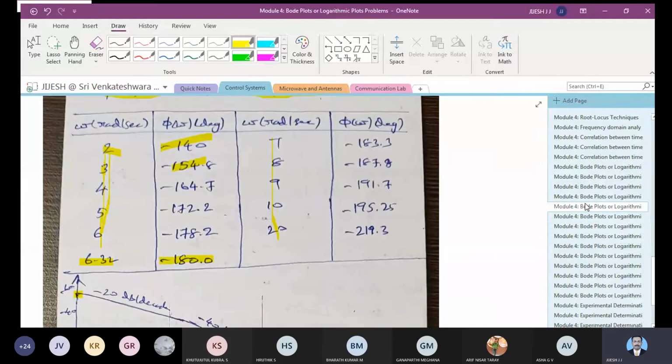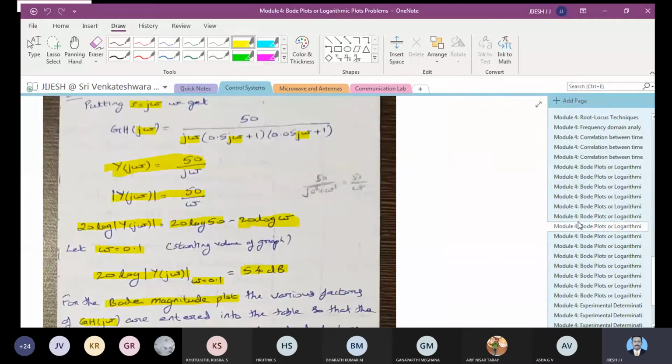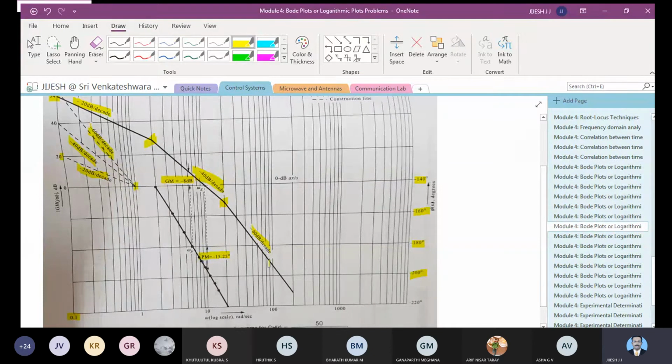So what I have to do here is take omega value as 2. What does omega value 2 mean? This is omega value 1, this is omega value 2, and this is omega value 10. This is 100. So at this 2 you have got minus 140 degree, so I'll get one point here.